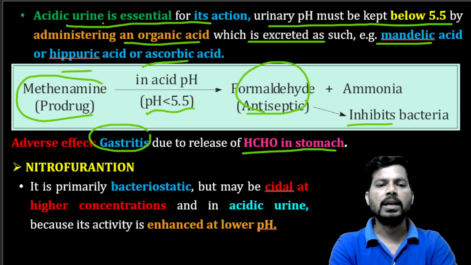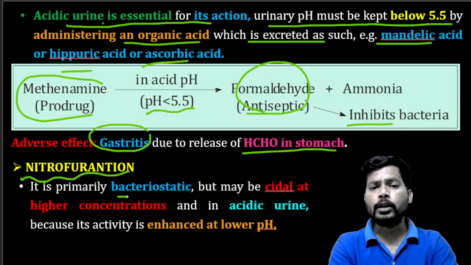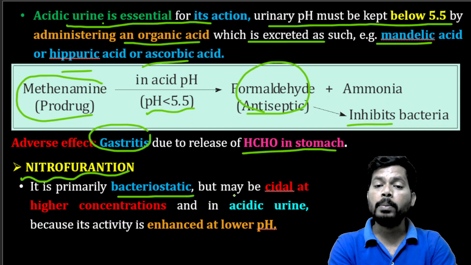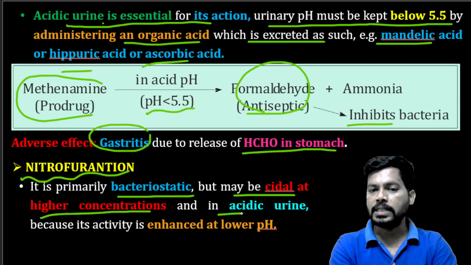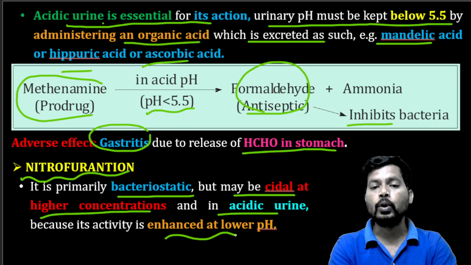And the next drug, another urinary antiseptic, is nitrofurantoin. It is primarily bacteriostatic in nature, stops the growth of bacteria, but may be cidal, killing bacteria, at high concentration in acidic urine, because its activity is enhanced at low pH.